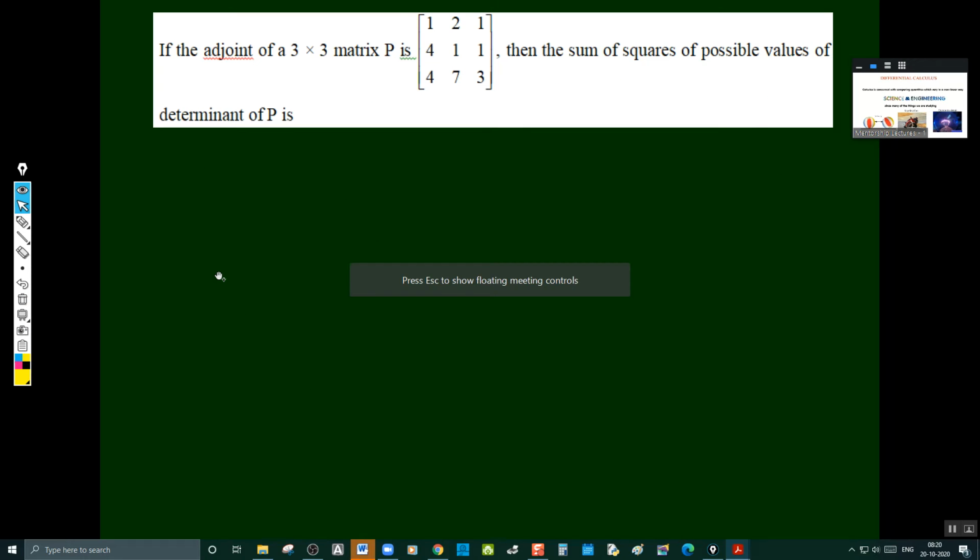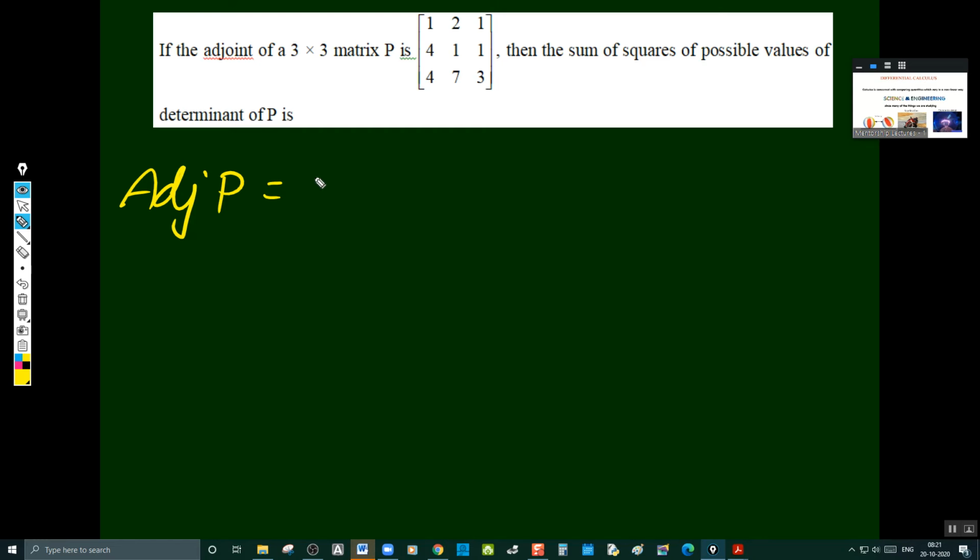If the adjoint of a 3 by 3 matrix P is given as the matrix with rows 1, 4, 4; 2, 1, 7; 1, 1, 3, then find the sum of the squares of possible values of the determinant of P.